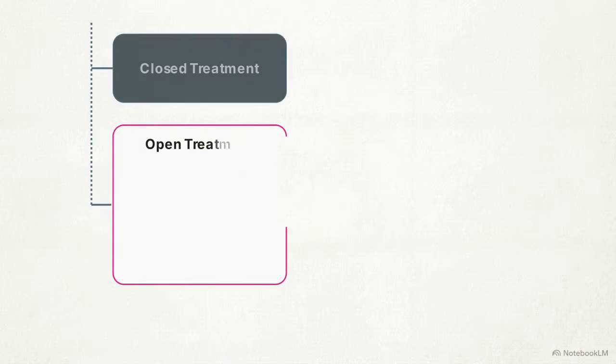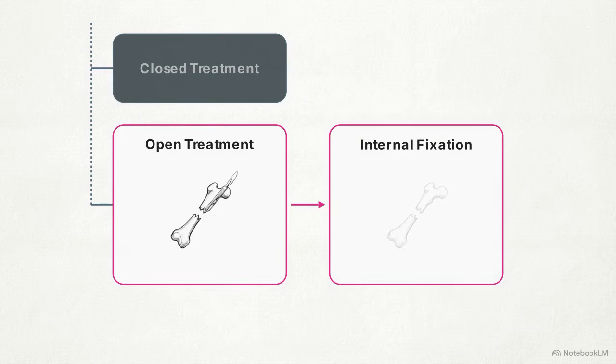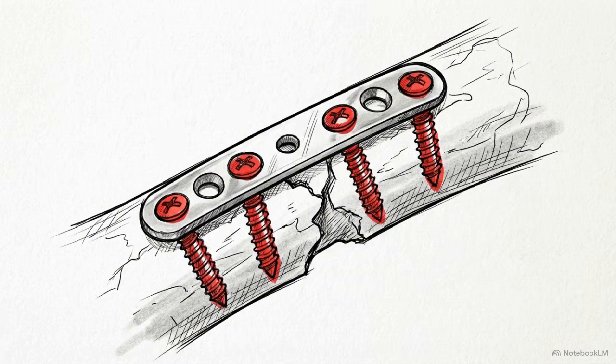Open treatment is defined by the surgical exposure of the bone. Unlike the external force used in closed treatment, this method requires a literal opening of the tissue to reach the fracture. Once the site is open, surgeons typically perform internal fixation. Internal fixation is the placement of hardware, like plates, screws, or pins, directly onto or into the bone to hold it in place.